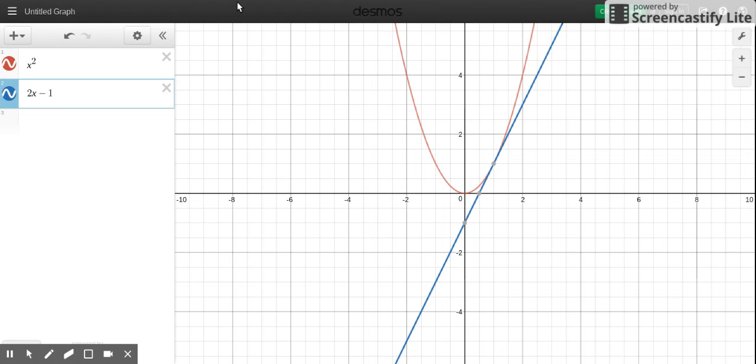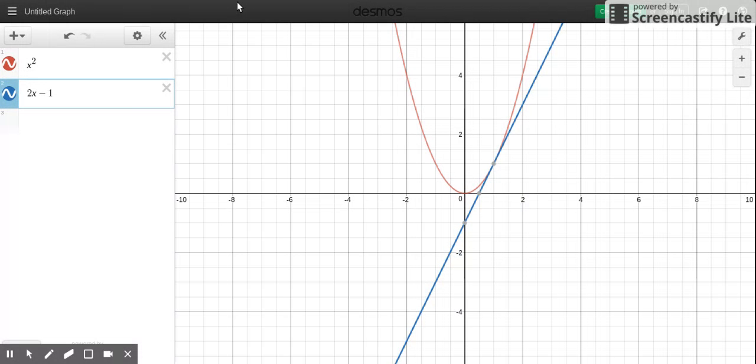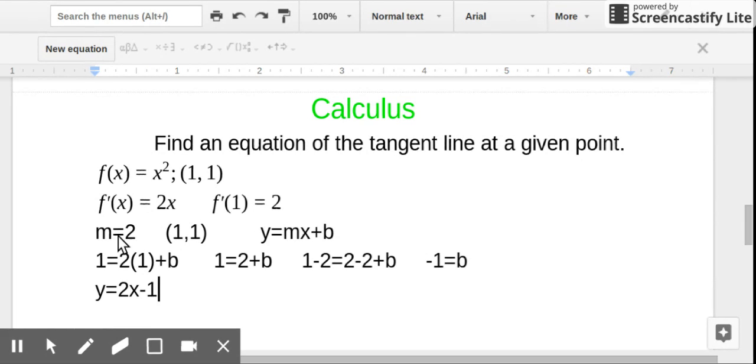In this particular problem, I skipped some steps because we've already done this twice. Up to this point, you should know how to find the derivative by the limit definition, or the limit process, the definition of the derivative, and then find that slope.